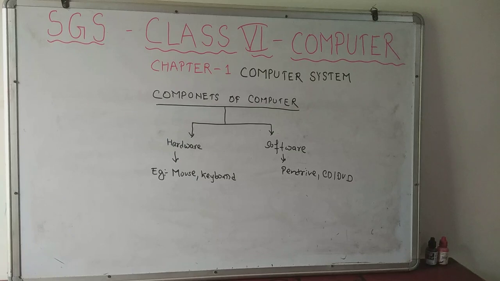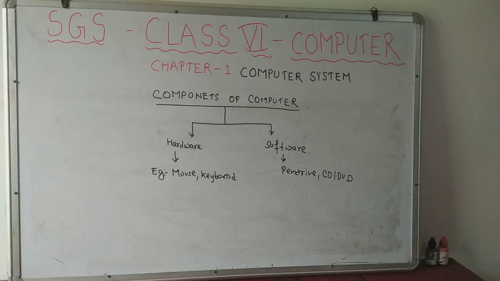Before moving to input and output devices, first we have to know the components of computer. Computer has two main parts. First one is called hardware and the second one is called software. Hardware is the collection of physical components of the computer, such as mouse, keyboard, monitor, etc. Whereas software are those instructions that make the computer work.